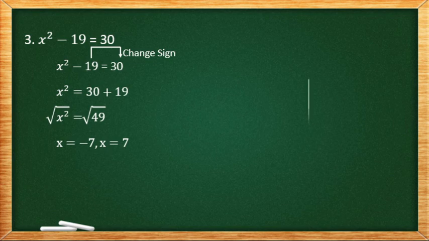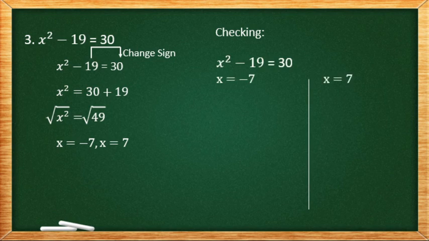Check natin. Using the quadratic equation, x squared minus 19 is equal to 30, by substituting the value of x, negative 7 or 7. Negative 7 squared is equal to what? 49.